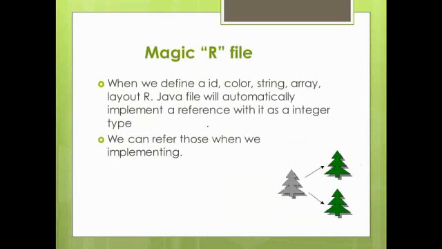Then we move on to the R.java file. When we define an ID, a color, a string, an array, or a layout, our Java file will automatically generate a reference to it as an integer type, so we can refer to those when we are implementing.